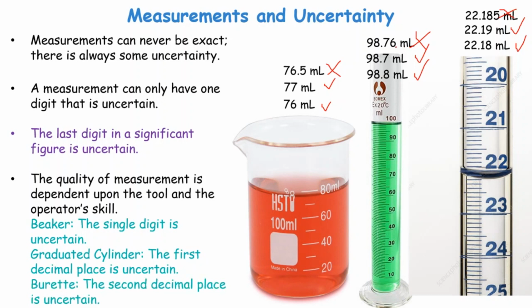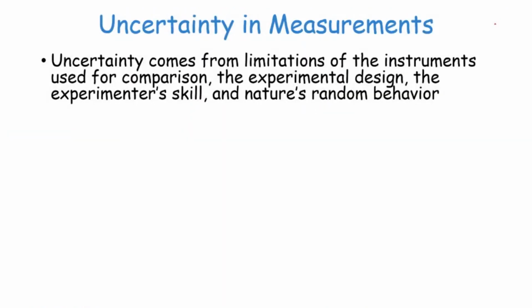For the buret, the second decimal place is uncertain, it's estimated. Going to the third decimal place, the fifth digit, is not needed because it doesn't make any sense anymore. We don't even know whether it's 22.18 or 22.19. Then you say it's 22.185? Doesn't make any sense.